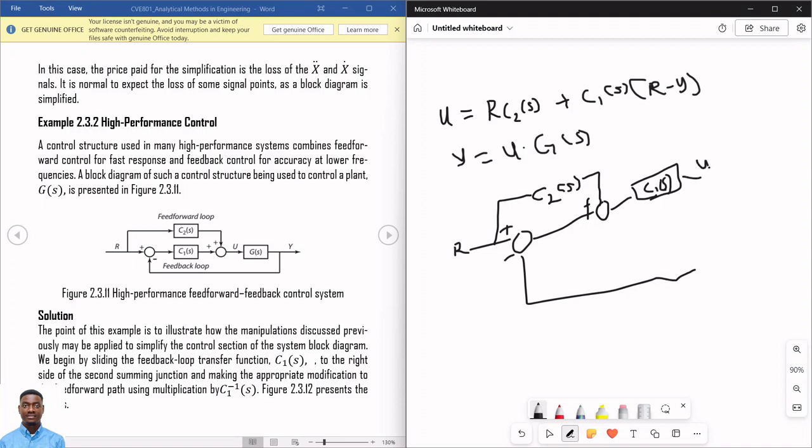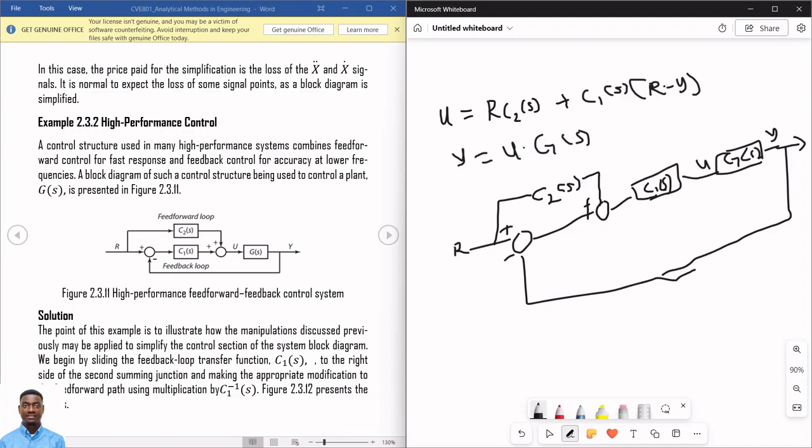I have U in between that and GS here, before I can now have Y as output here. So if I move this C1S over this summing junction, which is what I've tried to sketch here, I'll check this model for you to see if it is correct or not.